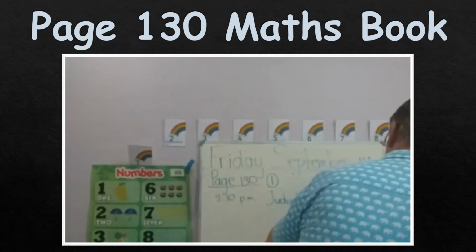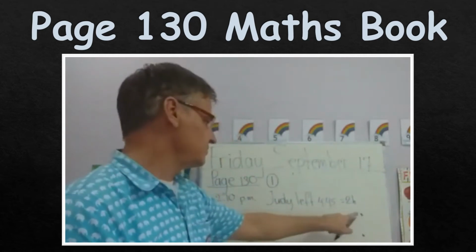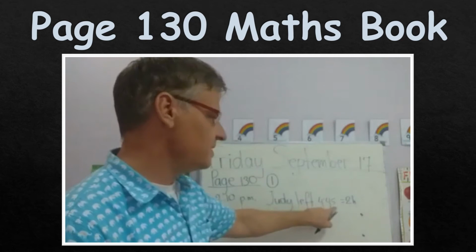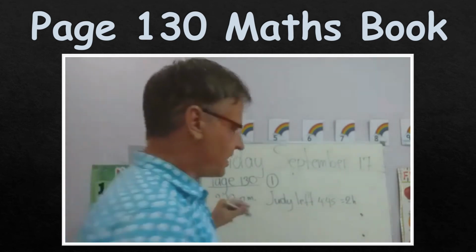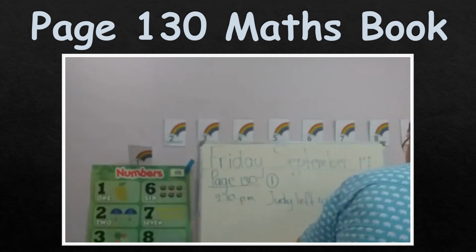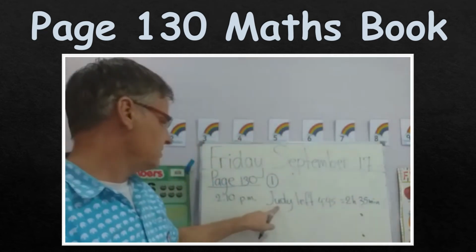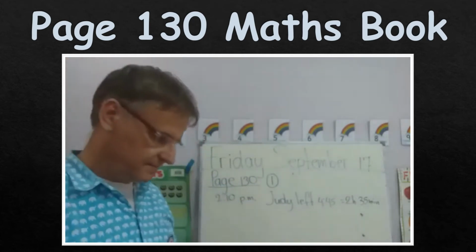Remember, we can say H for hour. 2 hours. And from 10 minutes to 45 minutes, so 45 minus 10 is 35. So 2 hours and 35 minutes. So Judy was 2 hours and 35 minutes in the library.